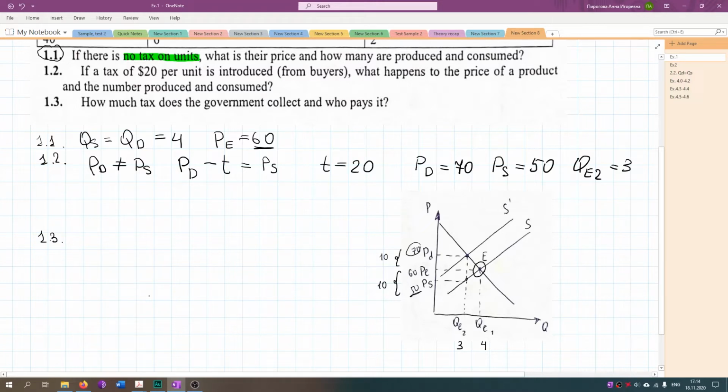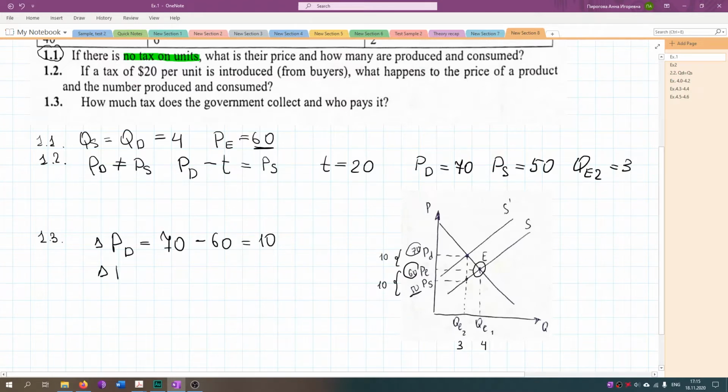and in our case we need to find the change in price of buyers and change in price of sellers. So change in price for buyers is equal to our new price 70 minus our previous equilibrium price 60 and is equal to 10.